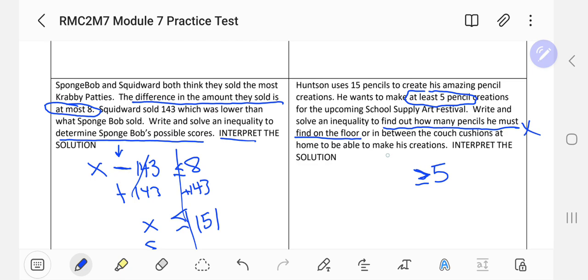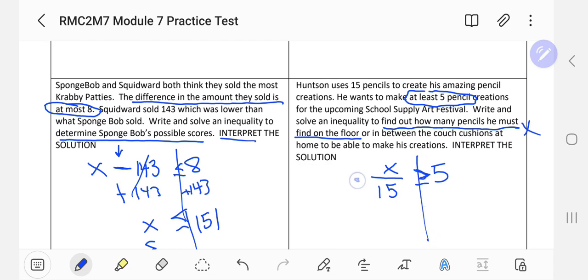But we're going to take a big group of pencils, and then we're going to split them into equal groups of 15 to make each creation. So our X is the total number he's going to need, and then we're going to split them into groups of 15. So this is one of the division problems.